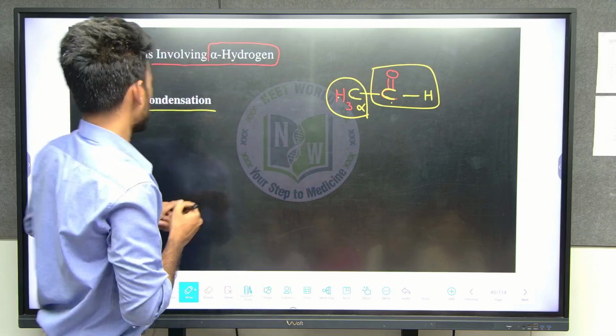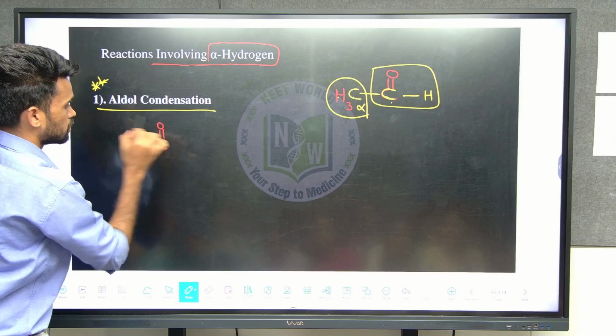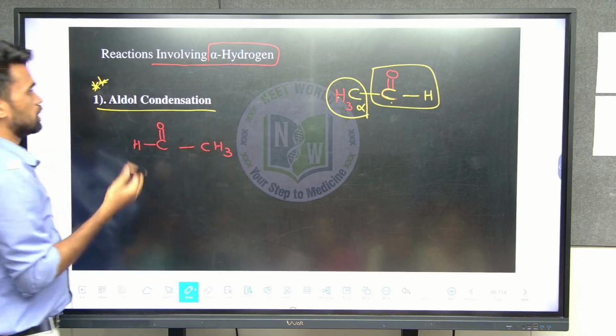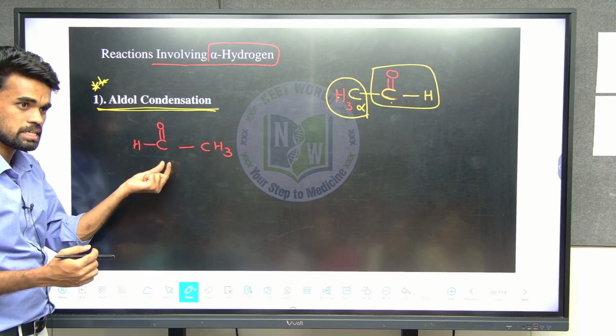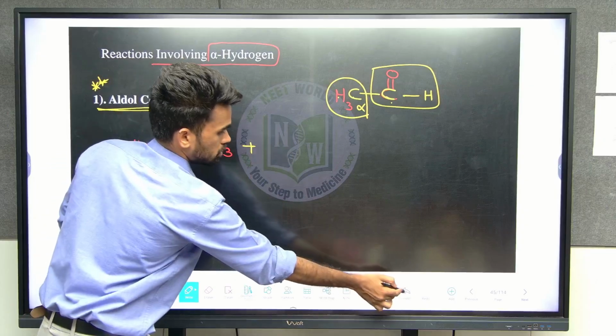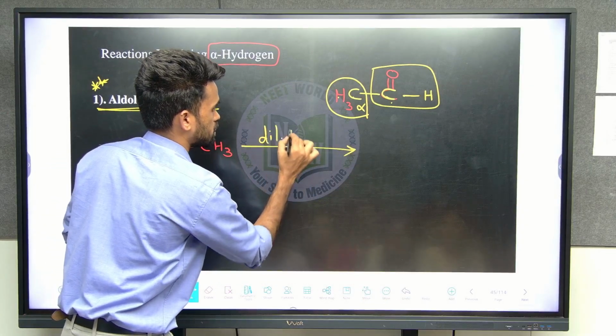Now see, what happens: I am taking the same compound. Aldol condensation means alpha hydrogen containing aldehydes, or it can be ketones, react in the presence of dilute NaOH, a dilute base.